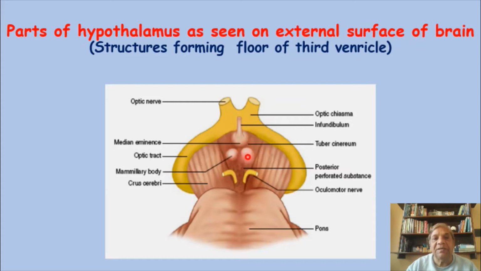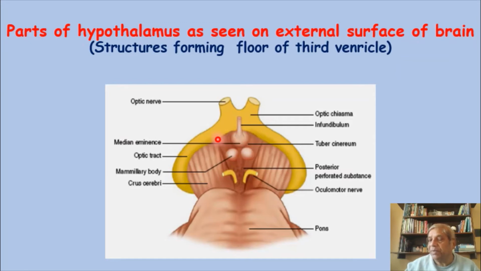Thus the mammillary body is part of the hypothalamus, and a small area just posterior to the mammillary bodies but anterior to the posterior perforated substance.